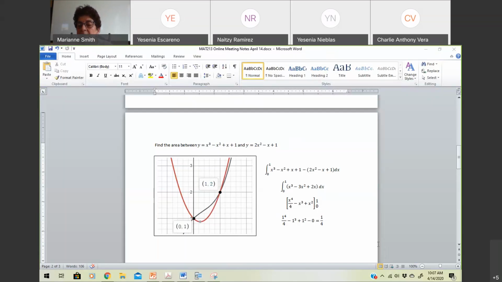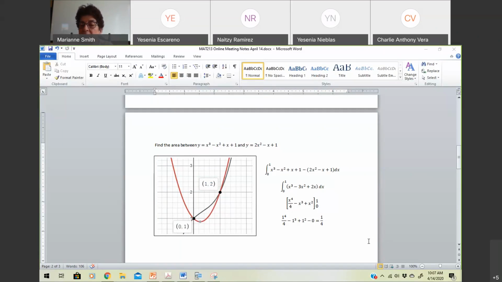I got a quarter. Anyone else stuck somewhere else? Again, I'm showing you the calculus method here. 0.25, good. That's the same as a quarter. Terrific.